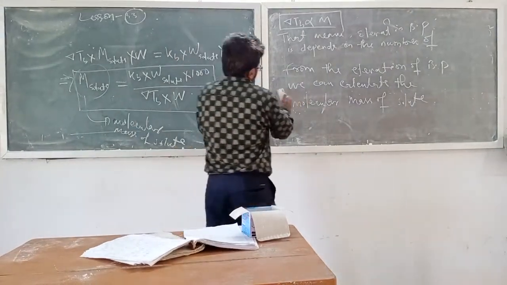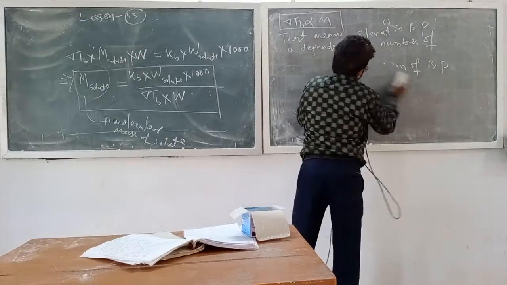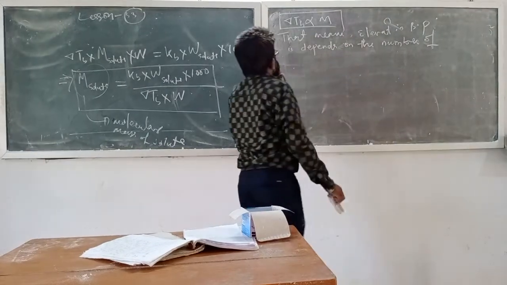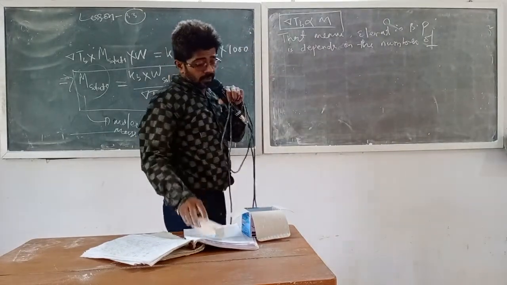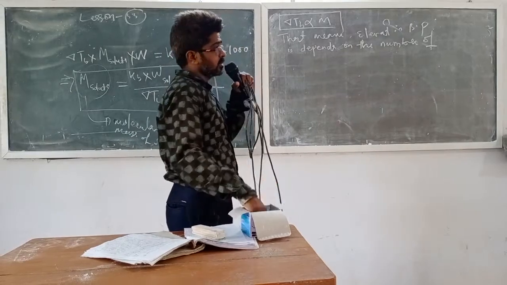Again, we know that delta TB is proportional to m, where m is the molality of the solution.